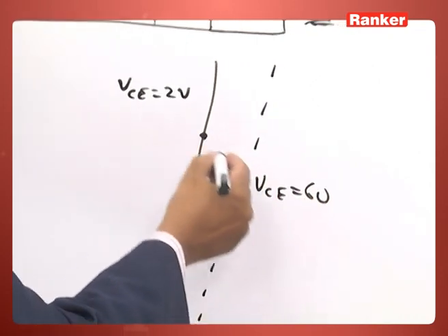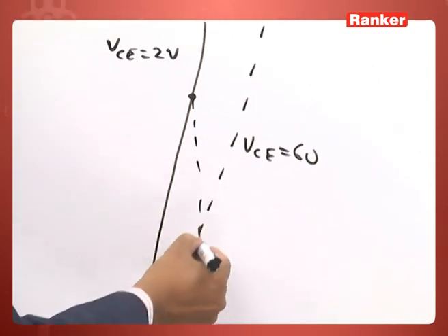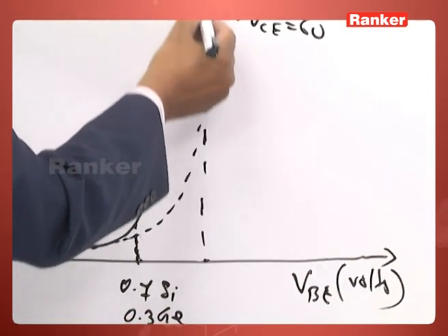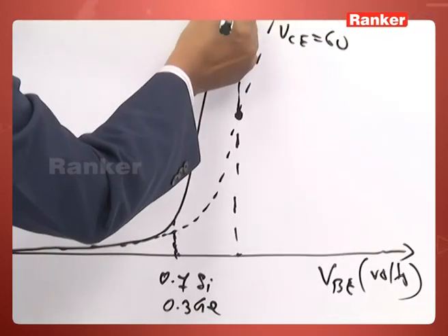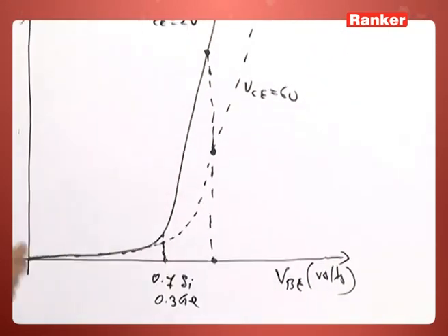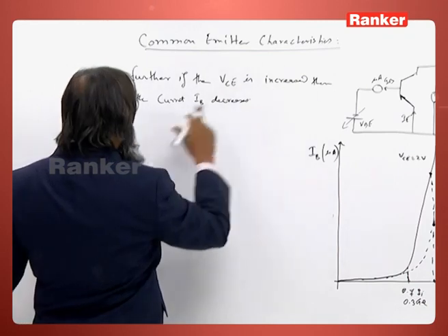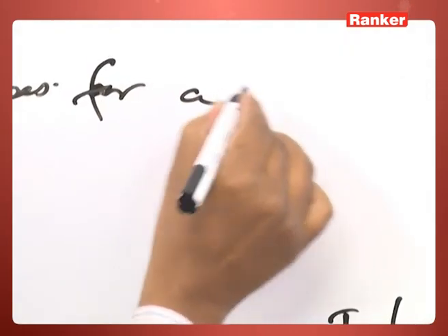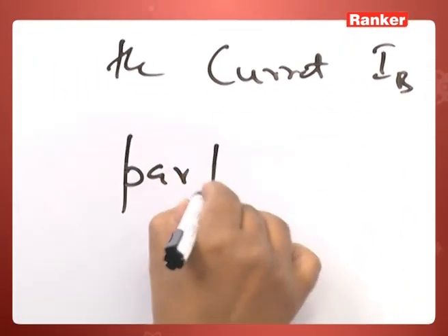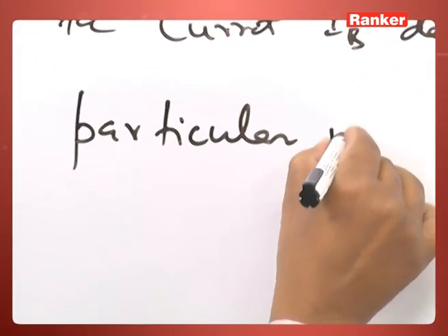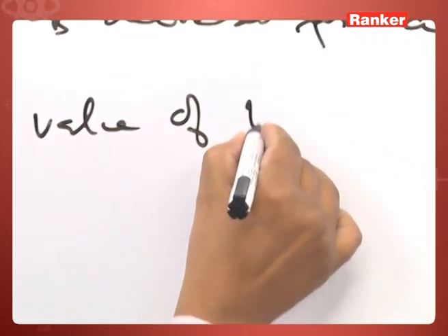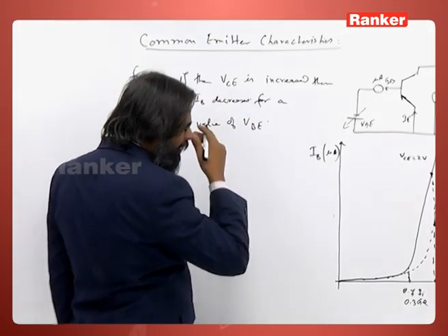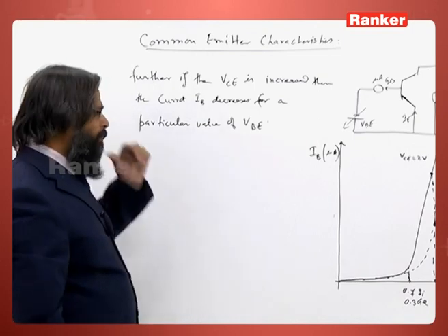Let us see what will happen if I plot for 2 values. You see the value of current is here. So, when VCE is increased, the current IB decreases for a particular value of VBE. Let us see what actually happens at that time.